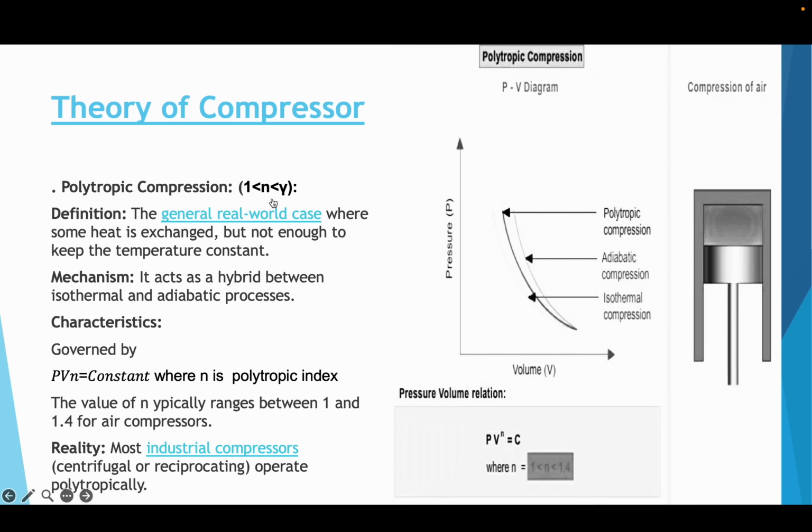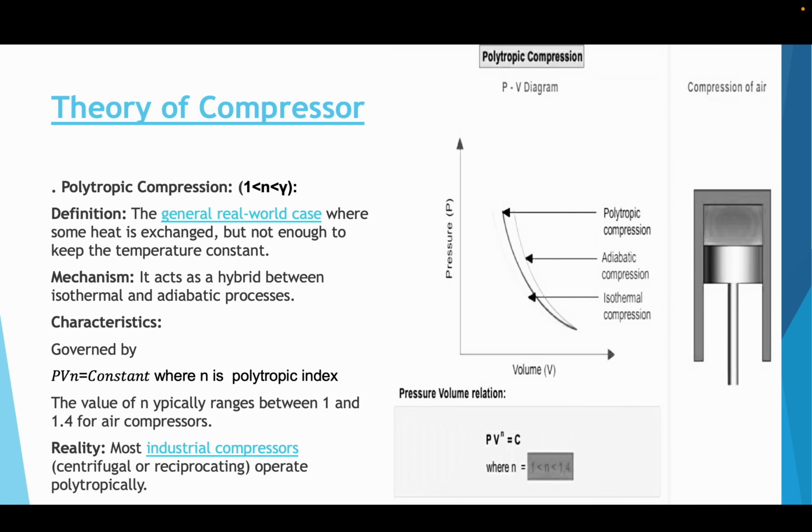The value of N will be around 1.2 to 1.3, so PV^N is constant. The N value will be 1.2 to 1.3 for polytropic compression, and the lower we can keep it, the less energy we consume. If it is 1.1, it means you are consuming less energy.